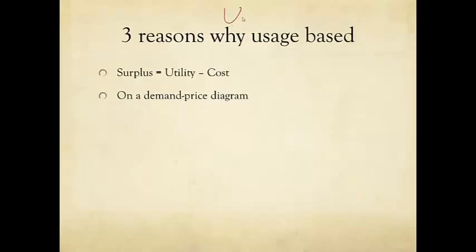Now I'm going to take the utility maximization model to provide 3 reasons why usage-based pricing for internet access makes sense, and we're going to visualize these 3 reasons through 3 different demand-price diagrams.